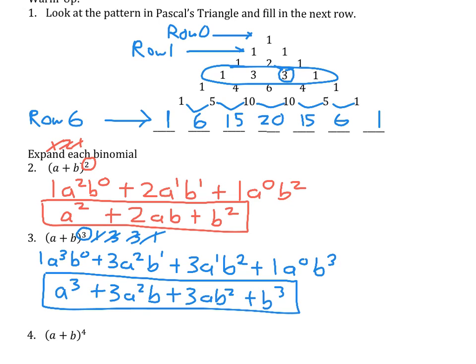This is a shortcut so that you don't have to FOIL over and over and over. It's actually not called foiling anymore because it'll get to a point where there will be more than 2 terms.